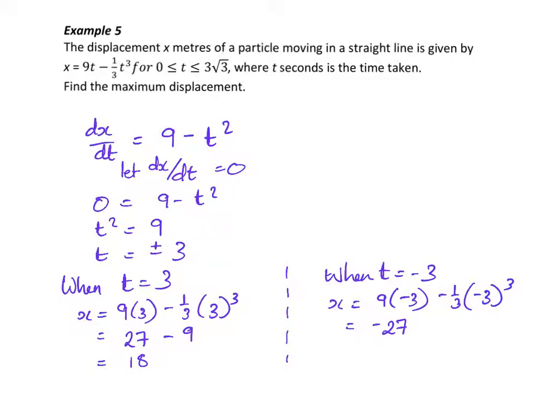Now negative 3 cubed is negative 27, and a negative times a negative is a positive. So 27 divided by 3 is 9, and it is negative 18. So the total distance there, the negative means that it's gone in a negative direction, but basically the maximum displacement is equal to 18.